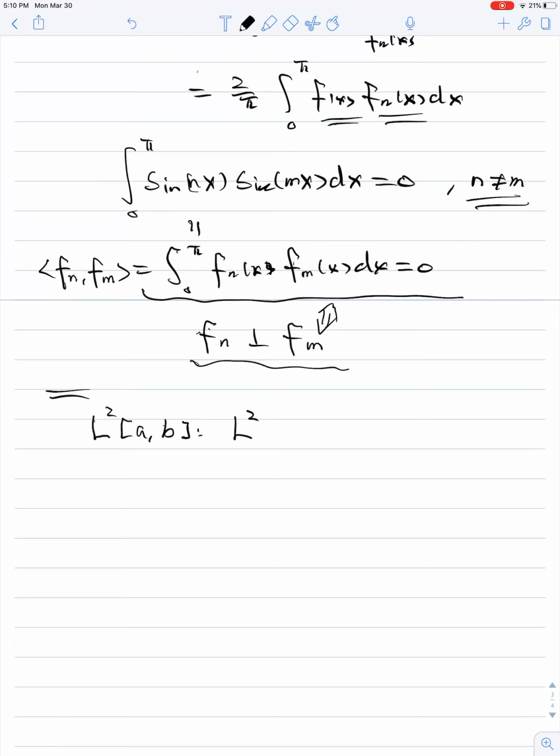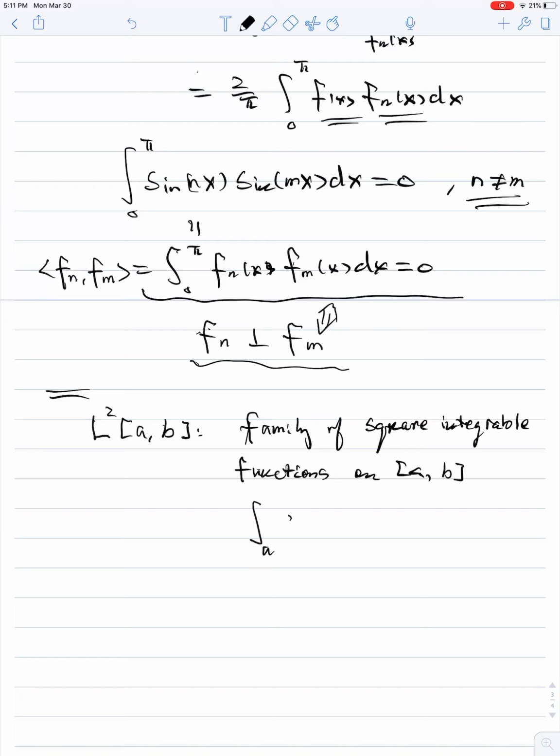So these L2 functions are the family of square integrable functions on [a, b]. Specifically, when you square this function and calculate the integral from a to b, this integral should be finite.